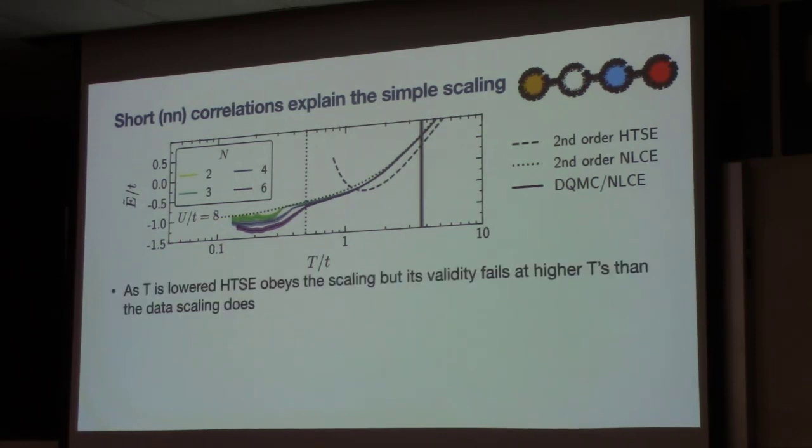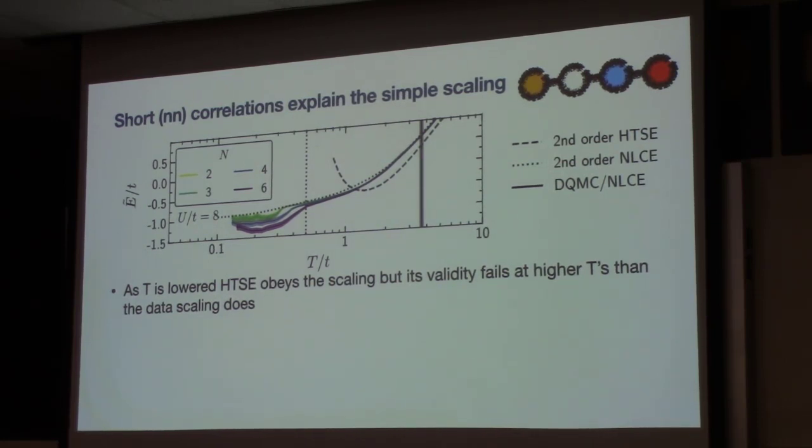In the high temperature series expansion, what one does is a perturbative approach in the tunneling over T. So what one would expect is that that approach should fail around a temperature of 1 times the tunneling, because then it's no longer a small parameter. Like if you think of the Taylor series, x plus h, h should be small, right?